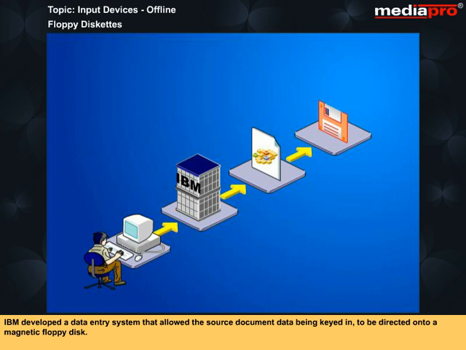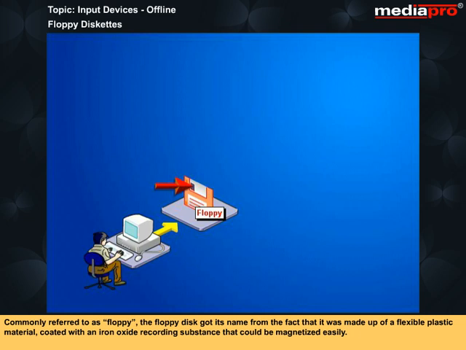IBM developed a data entry system that allowed the source document data being keyed in to be directed onto a magnetic floppy disk. Commonly referred to as floppy, the floppy disk got its name from the fact that it was made up of flexible plastic material coated with an iron oxide recording substance that could be magnetized easily.